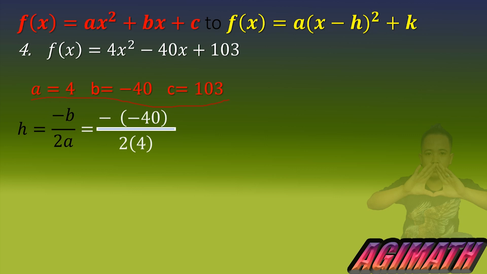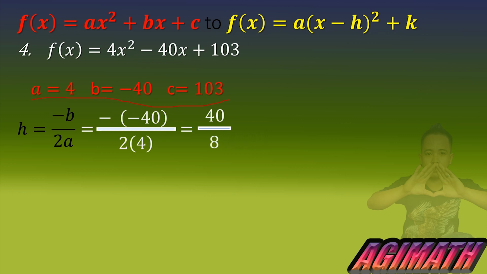And then for this one, if you encounter situations like this, it is just implying negative times negative, so that will be making positive 40. So negative times negative is positive 40, and 2 times 4 is equal to 8.